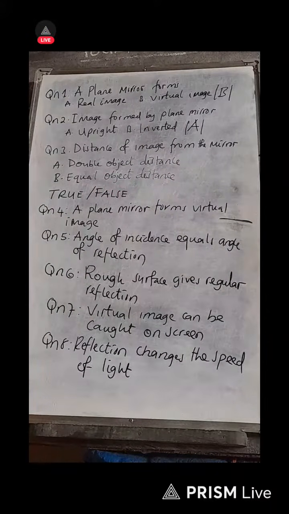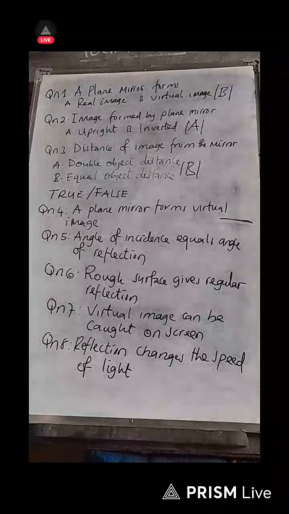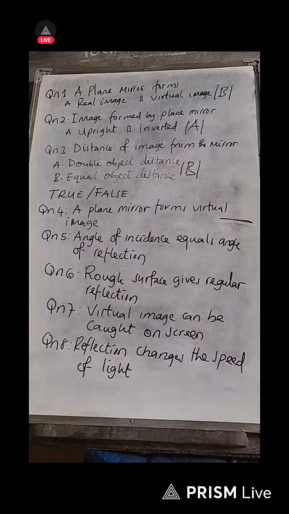The correct answer is B. The object distance is always equal to the image distance.